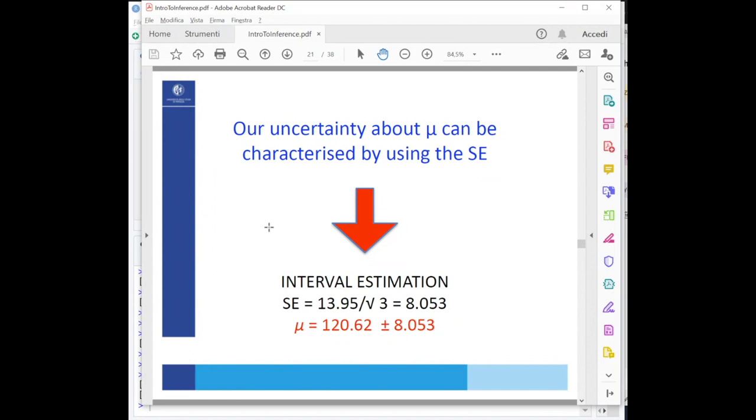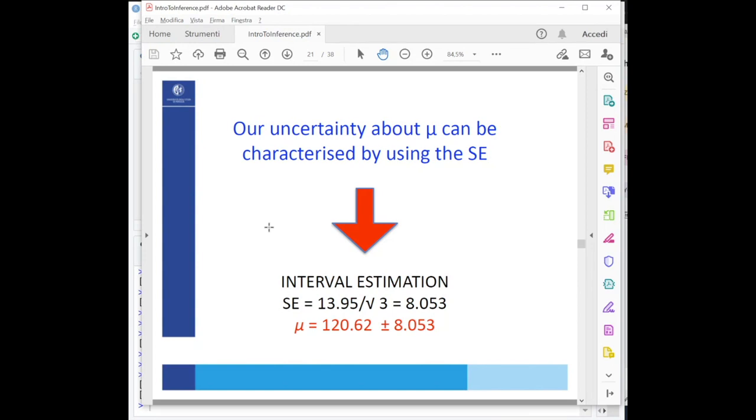And we express our guess about the mean of the population by using an interval. So we write it is 120.62 plus or minus 8.05. So we are not saying the mean of the population is 120.62, because we know that it is not like this.